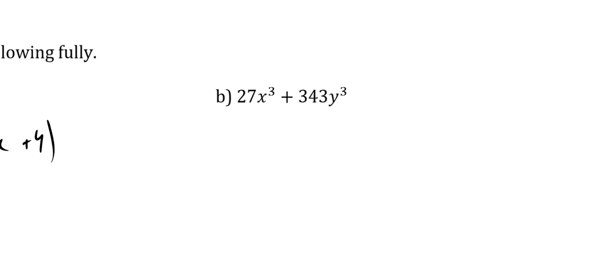Something a little bit trickier. So what do we notice about this one? There's 2 variables, very good. There's more coefficients. This is maybe what's trickier about sums and differences of cubes compared to the difference of squares, is we know our perfect squares fairly well.